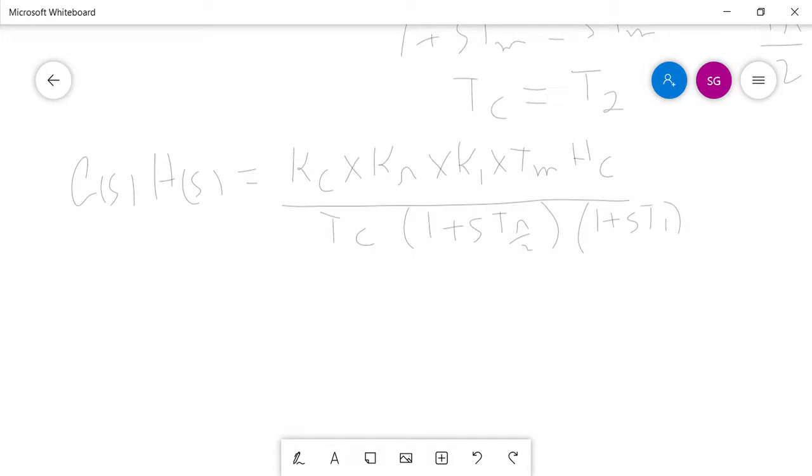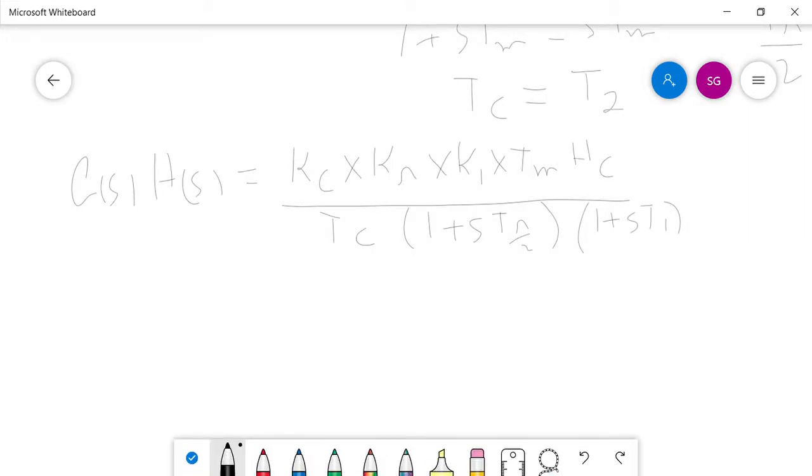So this whole constant could be taken as K. So K upon 1 plus STr by 2 into 1 plus ST1.